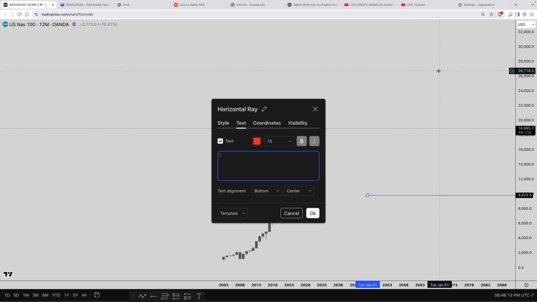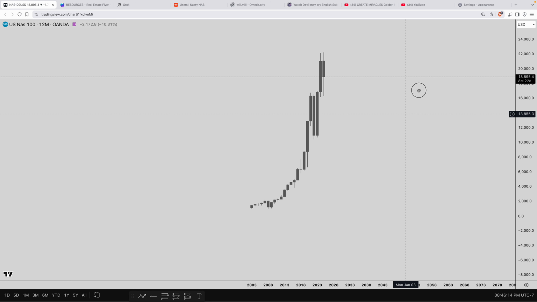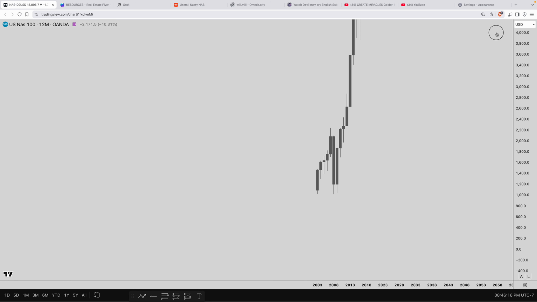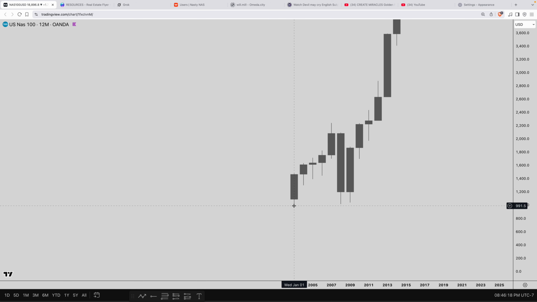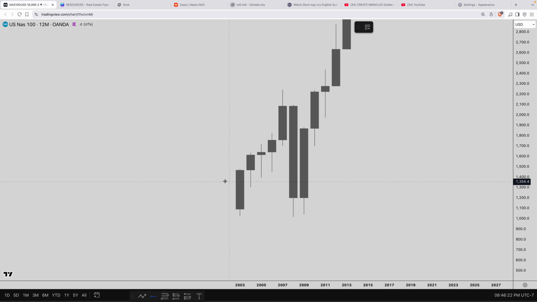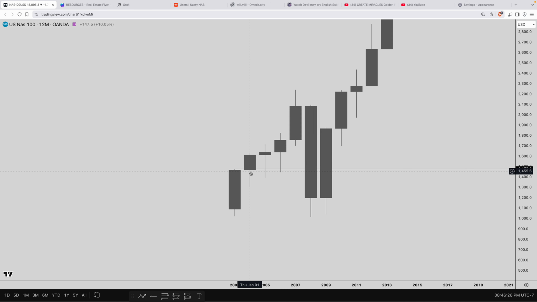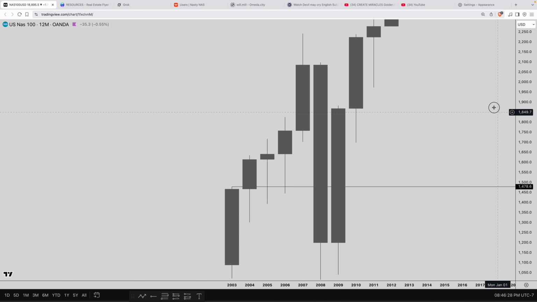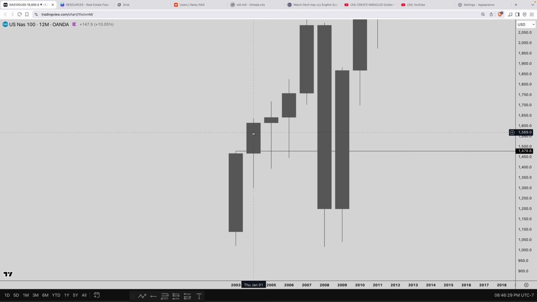All right, let me get rid of this real quick so I can zoom in. But we started off right here, and in order for us to continue going higher, what do we have to do? We have to break structure. So I mark up the high of the candle, right? So we broke structure, full body candle, retest, right? Price comes back to retest multiple times.